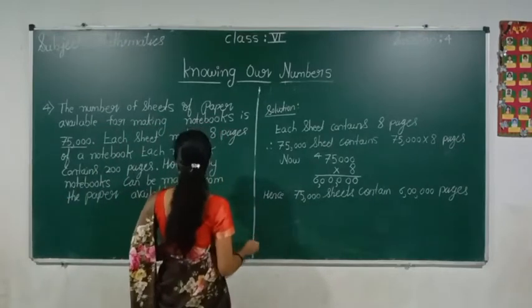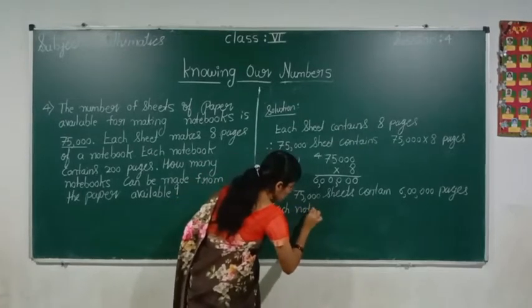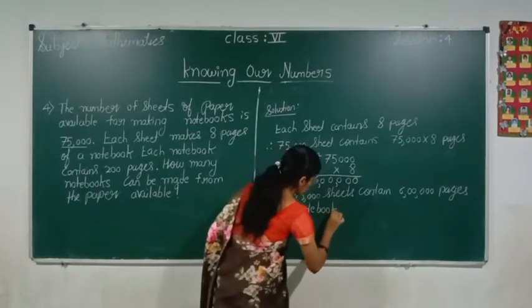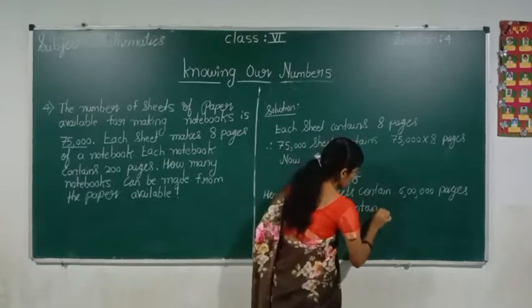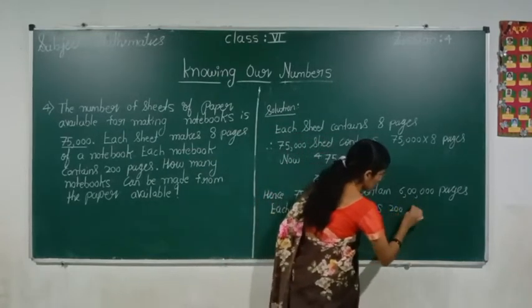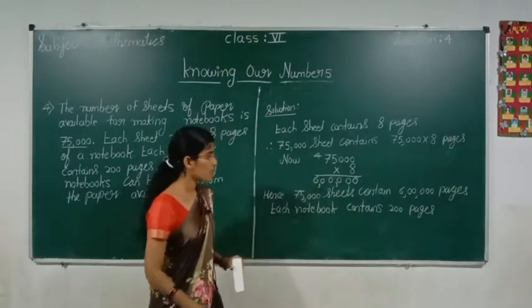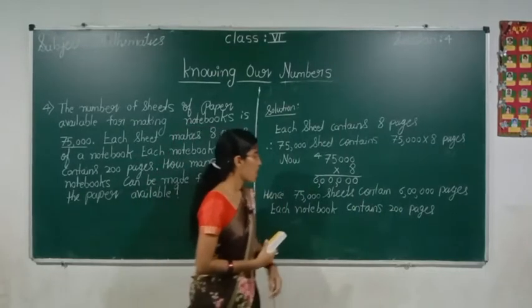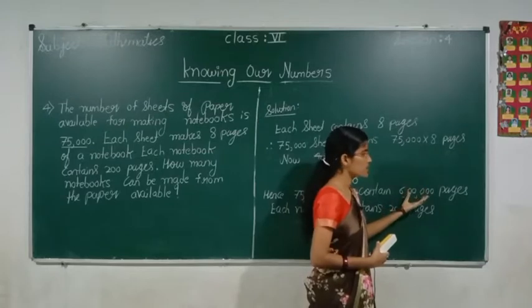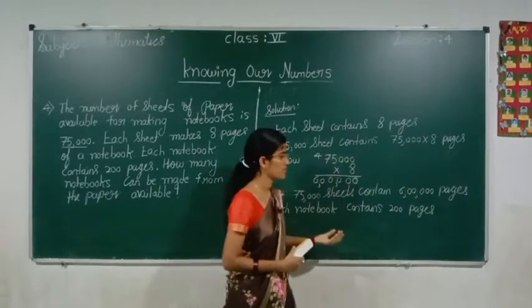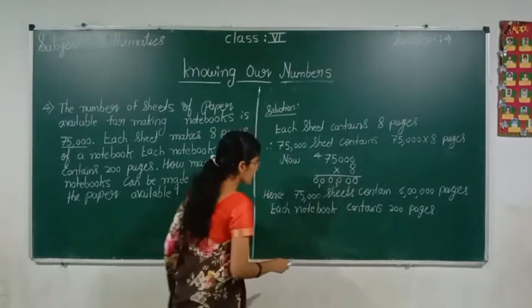See here. Each notebook contains how many? 200. Each notebook contains 200 pages. Now we have to find out how many notebooks we can make by taking 6 lakh pages. See here, each notebook contains 200 pages.